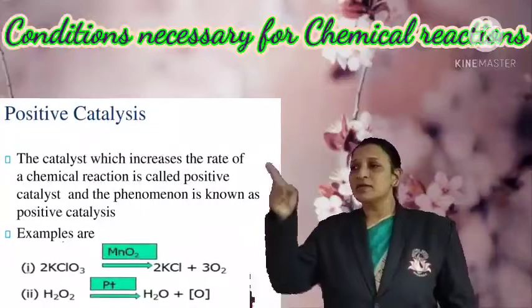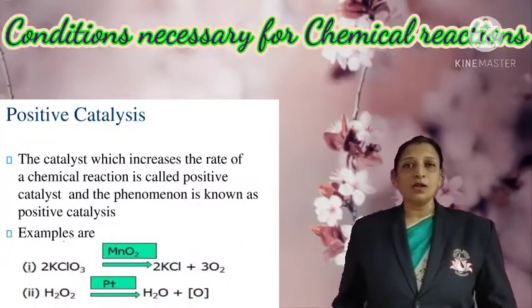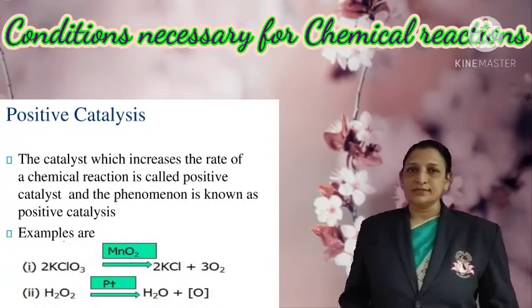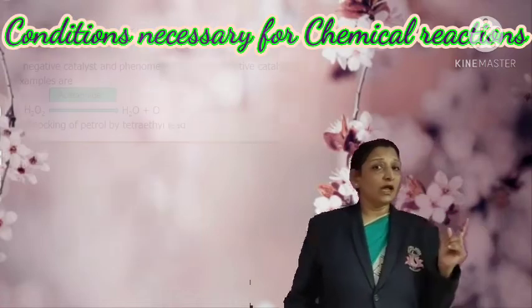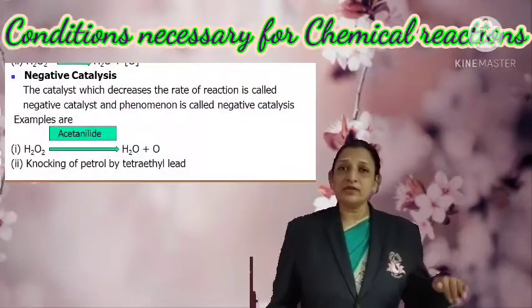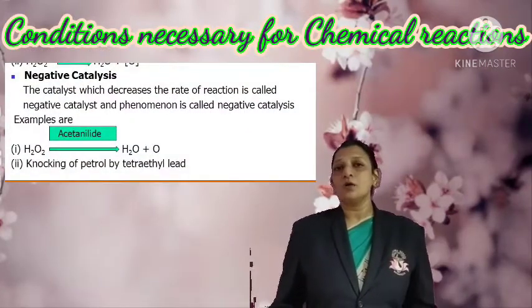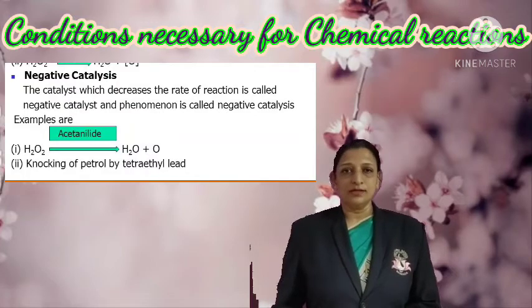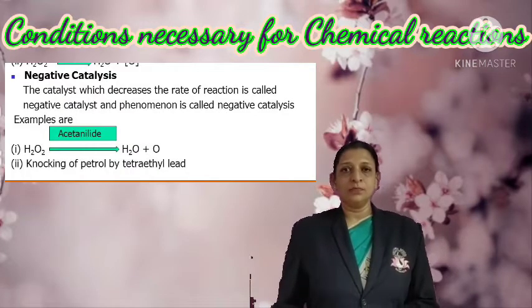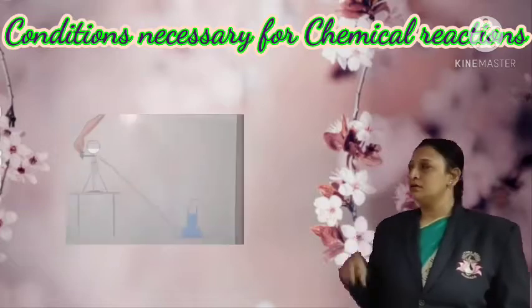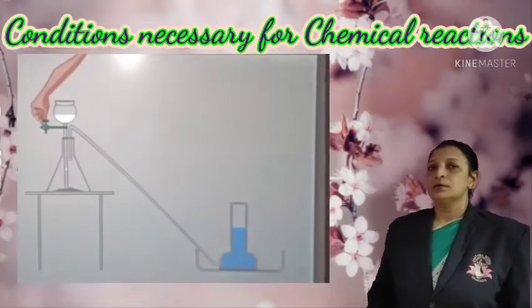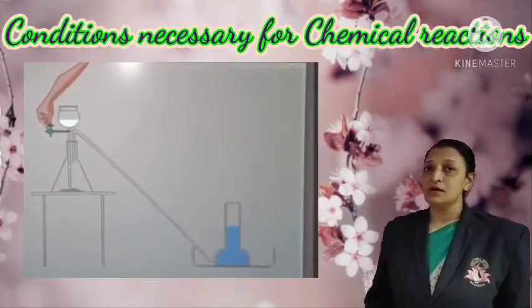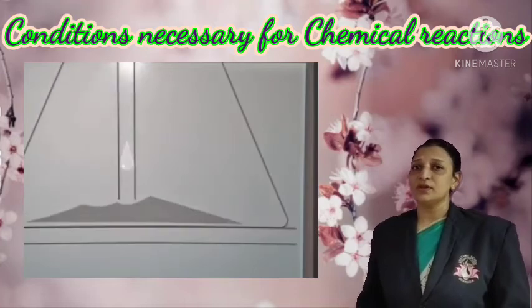Catalysts, those who are increasing rate of chemical reaction, are called as positive catalyst. On the other hand, those who are decreasing rate of chemical reactions are called as negative catalyst. You can observe here how catalysts are increasing or decreasing rate of chemical reaction.